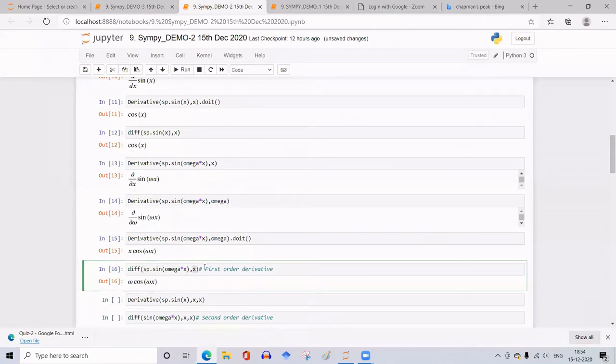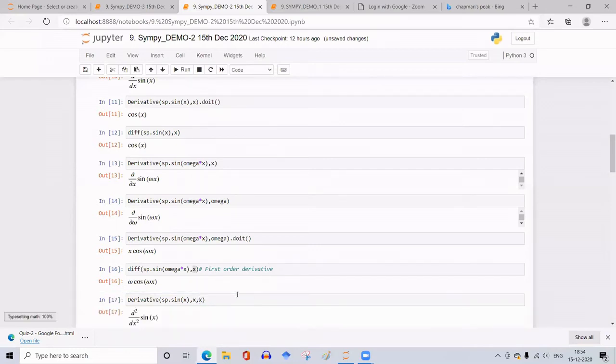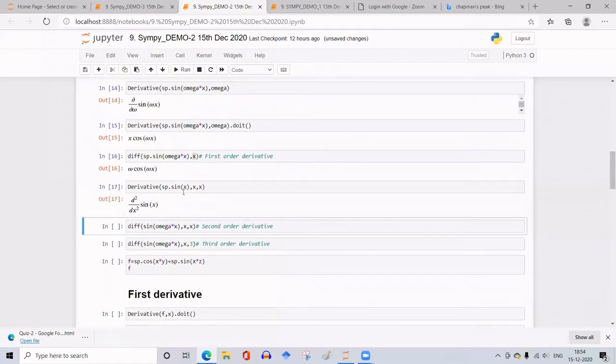Suppose I want to do it once again, that is the second order derivative, you just repeat that x. For more than 2 times, you can write that number after x. Let me run this cell. This gives me the representation of the second order derivative with respect to x, d square by dx square of sine of omega x. Evaluating this second derivative directly using the diff function with respect to x, what should you get?